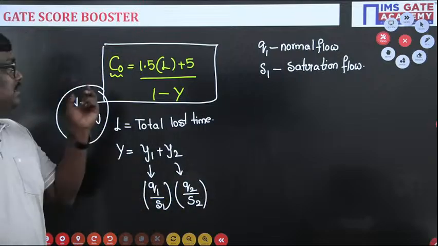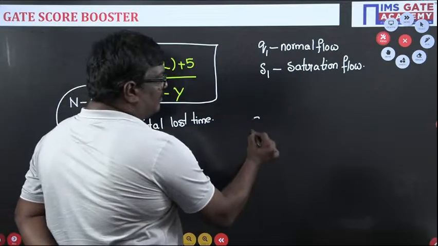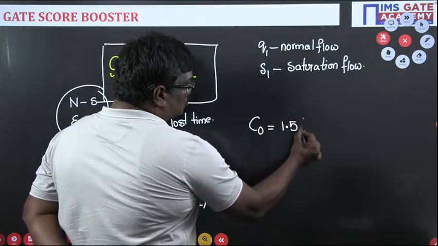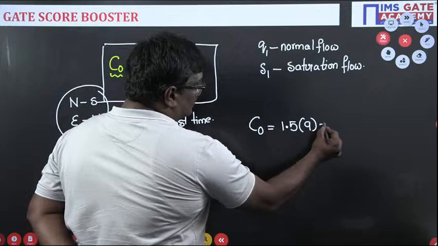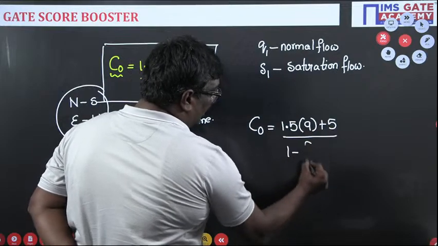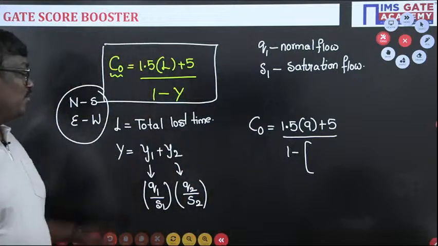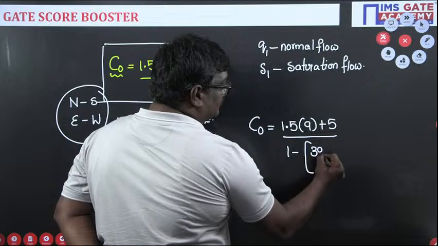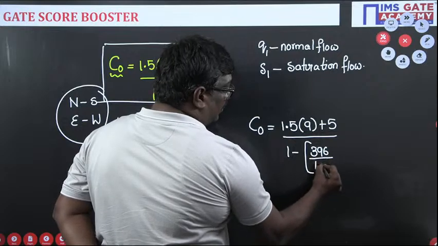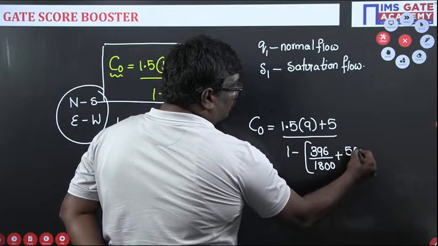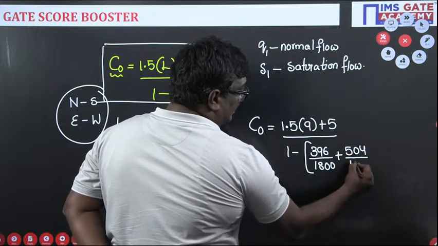Here the total lost time is 9, so 1.5 into 9 plus 5, upon 1 minus Y. Y is Y1 plus Y2, which is 396 upon 1800 plus 504 upon 1800.